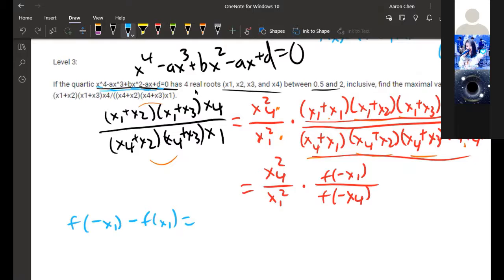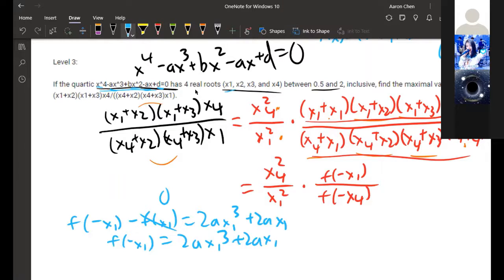And what that gives us is that f of negative x1 minus f of x1 is equal to 2a times x1 cubed plus 2a times x1. And so since x1 was defined as one of the roots, f of x1 must be equal to 0. And so that just tells us that f of negative x1 is equal to 2a x1 cubed plus 2a x1.